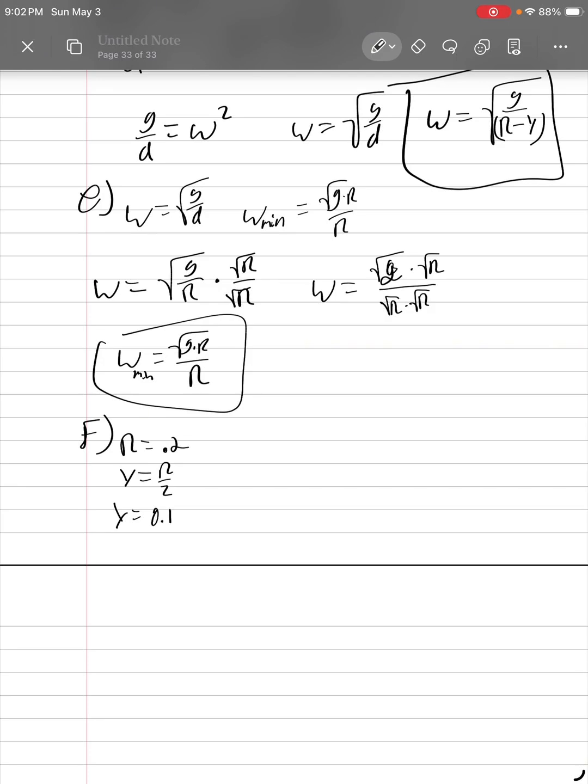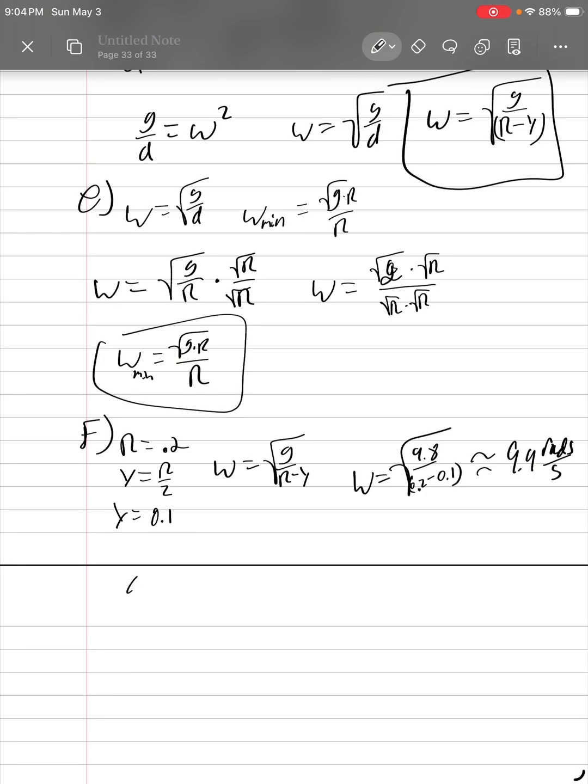And then we also know that omega is equal to the square root of g over R minus y, as we proved in part D. And so we could just plug in the values that we have just solved for here, or were given. And so we have omega is equal to the square root of 9.8 over 0.2 minus 0.1. And so that would give us approximately 9.9 rads per second.